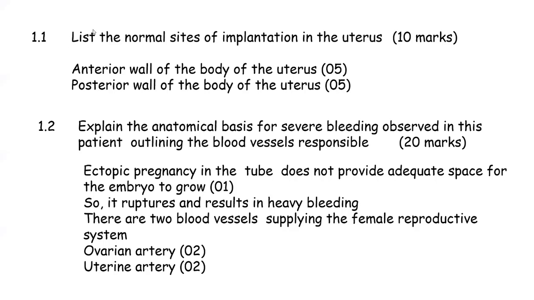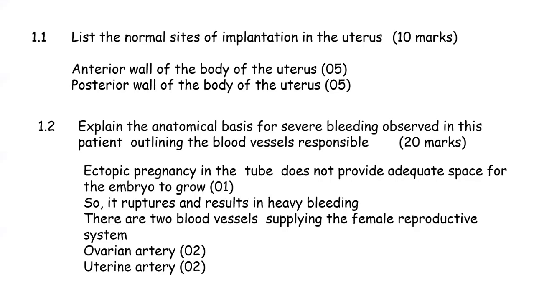So listing is listing. We can ask you to list or enumerate 1, 2, 3, 4, or we can just ask you what are the normal sites of implantation in the uterus. So those are simple words. Therefore, your answer should be simple.